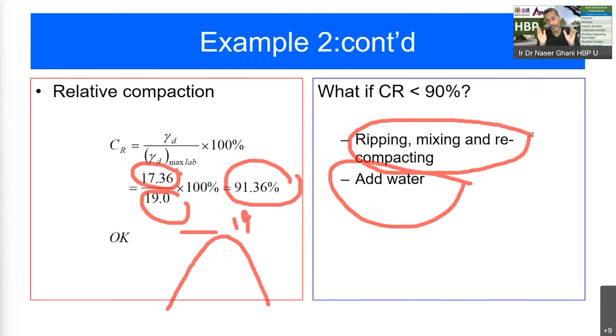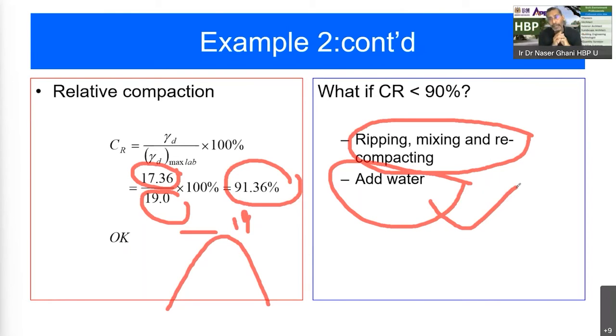But in the case there's no rain or anything, but it still doesn't achieve 90%, it could be because of lack of moisture. So again, same thing, you need to do ripping and then spray some water and then recompact.